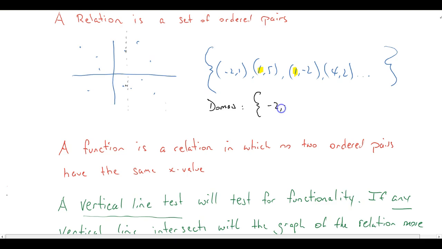That'd be my domain, -2, 1, 4, for those four points there. I emphasize just those four points. The range for just those four points, the set of y values, is 1, 5, -2, 2. So those values there are the range.